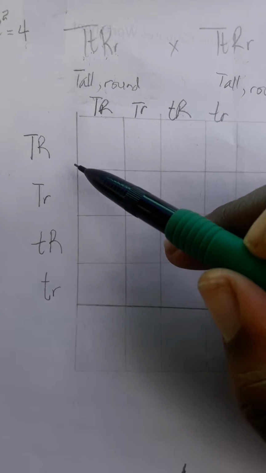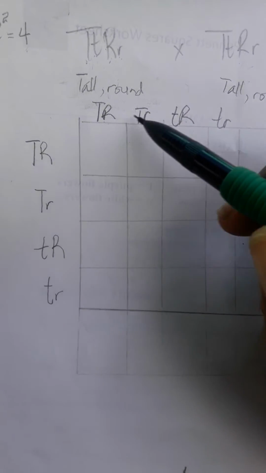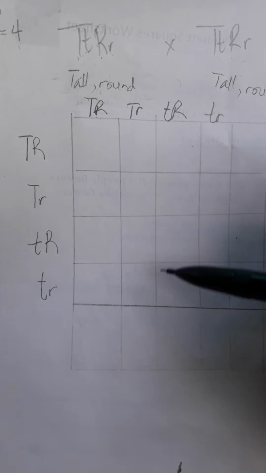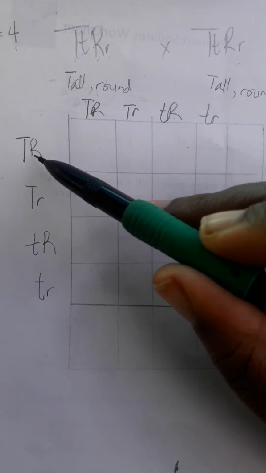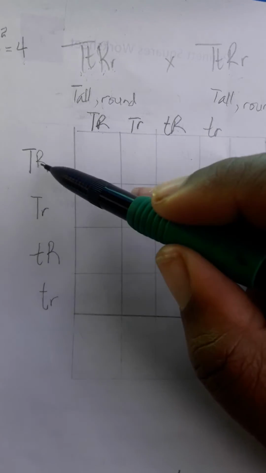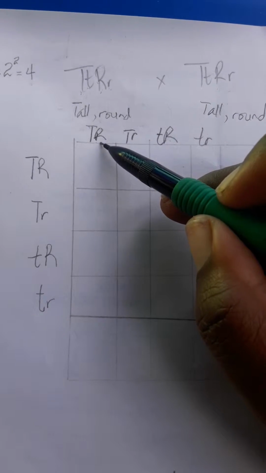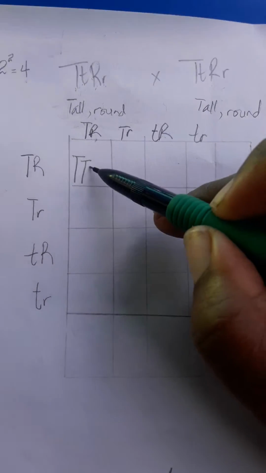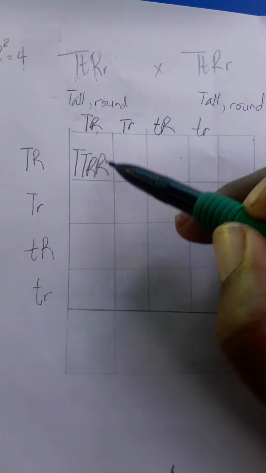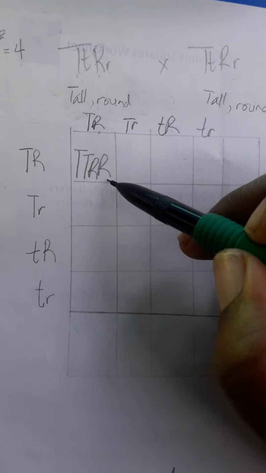Now through random fertilization, let us see what genotypes we would get for this dihybrid cross. So TR could pair with TR to give us 2 big T's and 2 big R's.